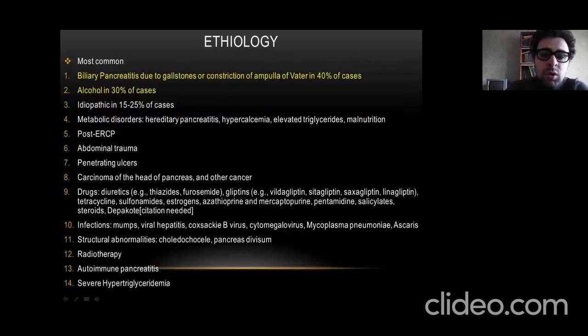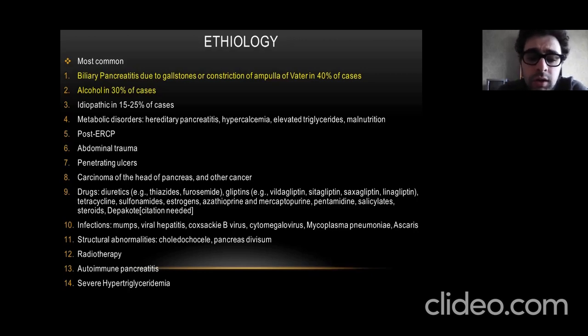So, the most common etiologies are biliary pancreatitis and alcohol pancreatitis, but there are also many other reasons that can damage the pancreas, including different drugs, penetrating ulcers and different traumas, carcinomas, radiotherapy, autoimmune pancreatitis, ERCP, post-ERCP contrast pancreatitis, different metabolic disorders, and idiopathic. Idiopathic is at least 25% of cases, where we do not know the reason.